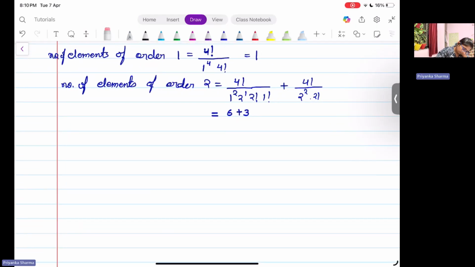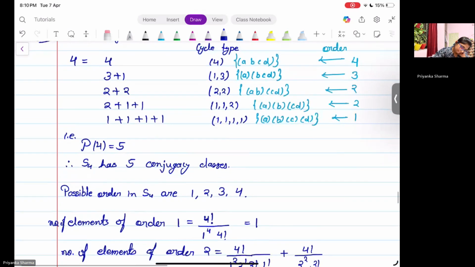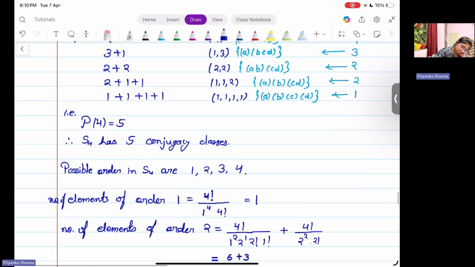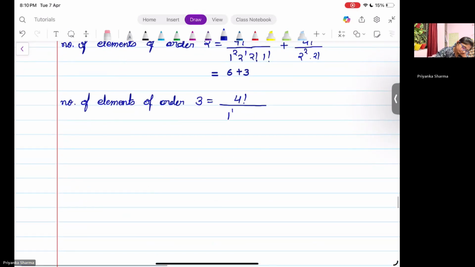Now, number of elements of order 3. They are factorial 4 divided by 1 to the power 1, 3 to the power 1, factorial 1 and factorial 1. That is 8.